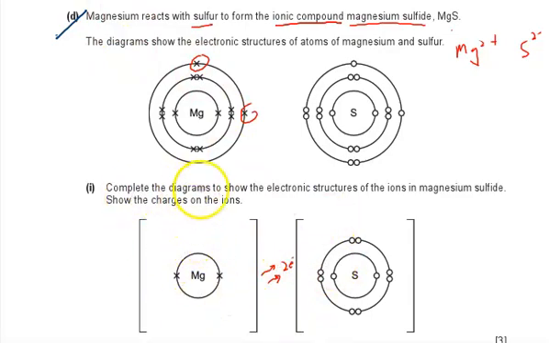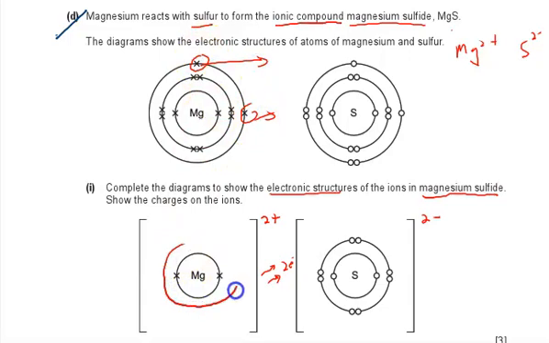So complete the diagram to show the electronic structure of the ions in magnesium sulfide, and show the charge of the ions. Here will be 2 positive and here will be 2 negative because it receives. So these 2 will be gone, and you have to draw another shell that has electrons. We have 8 here: 1, 2, 3, 4, 5, 6, 7, 8.